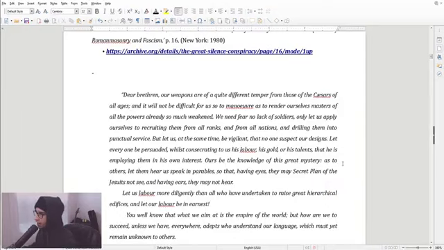We need fear no lack of soldiers, because we have everyone. We have all the populations. Only let us apply ourselves to recruiting them from all ranks and from all nations and drilling them into punctual service. But let us, at the same time, be vigilant that no one suspect our designs."